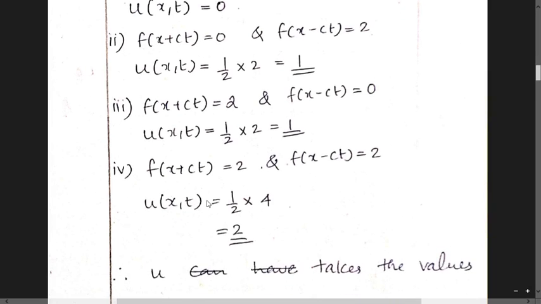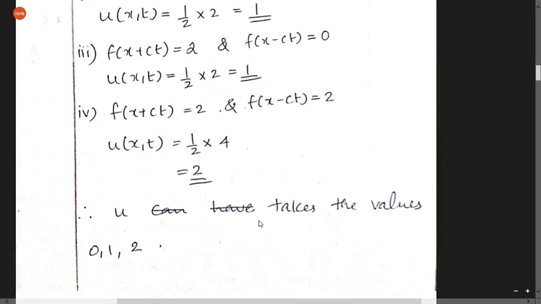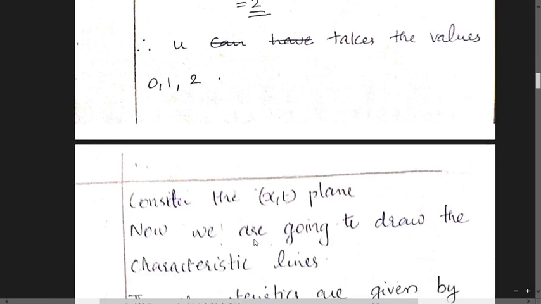When both are equal to 2, u(x,t) is equal to 1/2 into 4, which is equal to 2. So the possible values for u are 0, 1, 2.